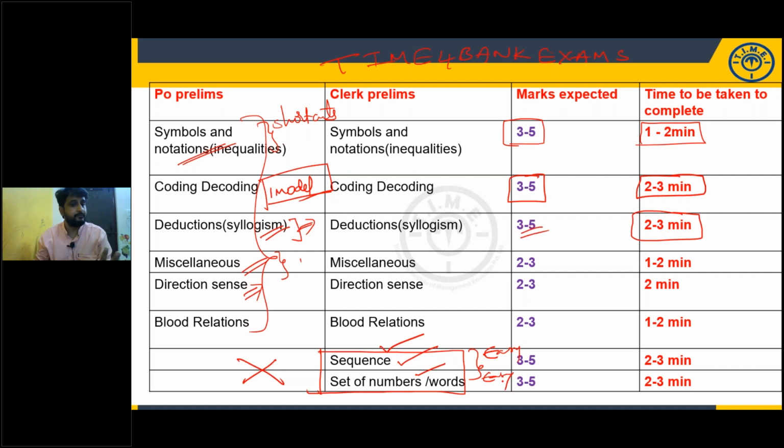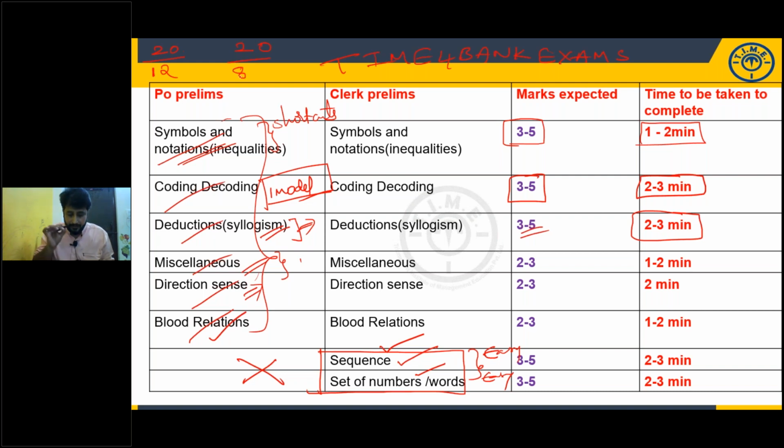Don't spend much time. To clear the section-wise cutoff, first attempt the miscellaneous questions: symbol rotation, coding, deductions, miscellaneous, direction, blood relation. But to clear the overall cutoff, you have to attempt the puzzles. Let's say 20 puzzles and 20 miscellaneous questions are given. For 20 puzzles, spend 12 minutes, and for 20 miscellaneous questions, spend just 8 minutes.